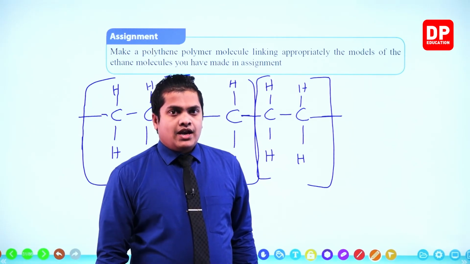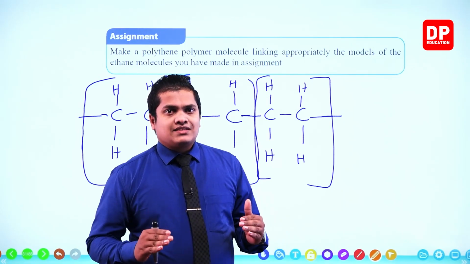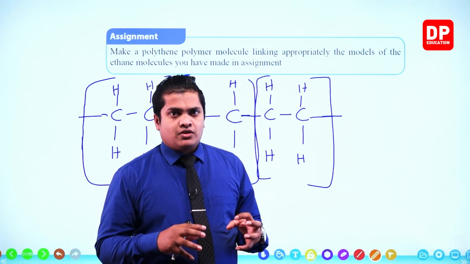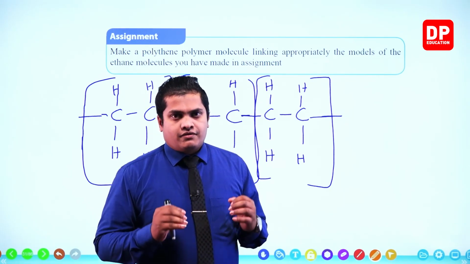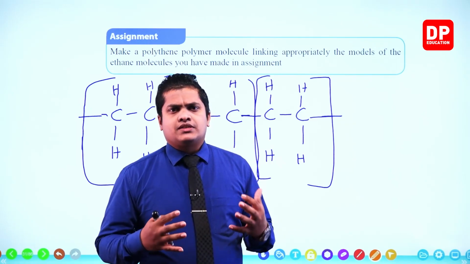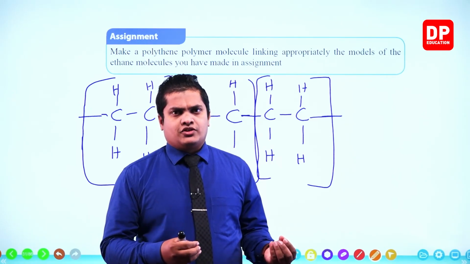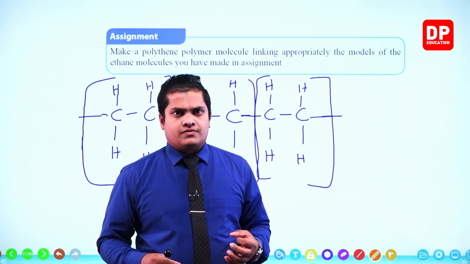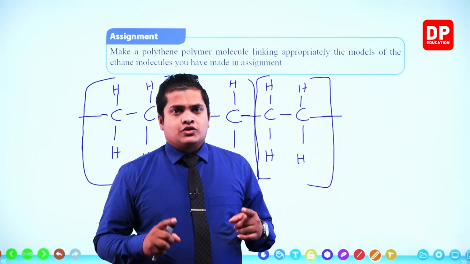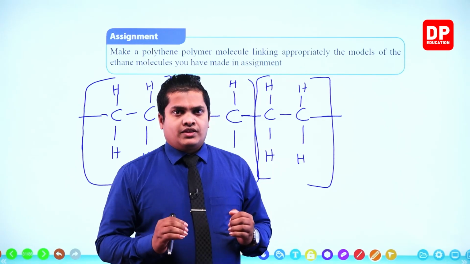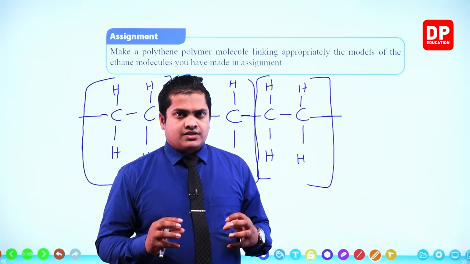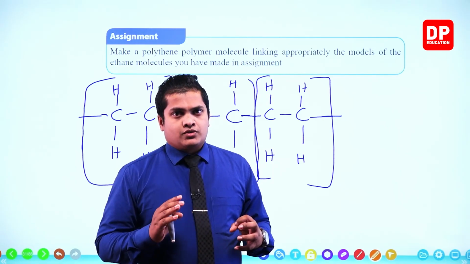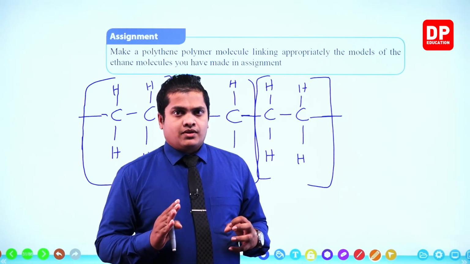And also, my dear children, we'll be discussing the uses of these special polymers, and finally we are going to discuss the disadvantages and the advantages of using these artificial polymers. Okay, right then. So I'm hoping to meet you in the next chapter then, my dear children.